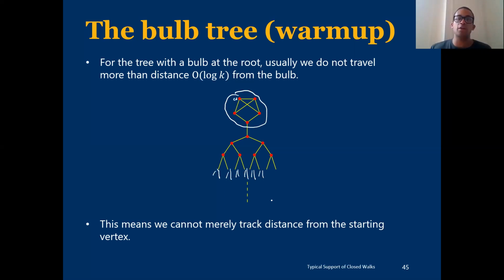And because this object at the top is so well connected, closed walks typically don't travel more than distance O(log k) on a walk of length 2k. So we can't just consider distance. We really need to talk about support.